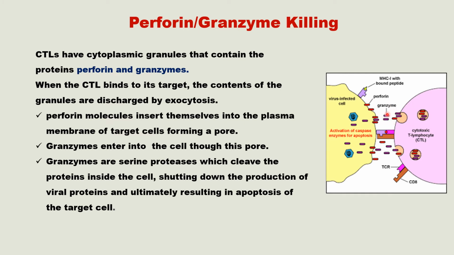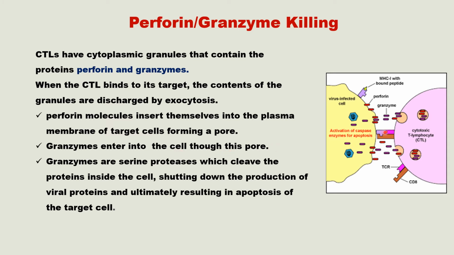This violet color one is granzyme and this red color one is perforin. Perforin molecules insert themselves into the plasma membrane of the target cell forming a pore. Granzyme enters into the cell through this pore.